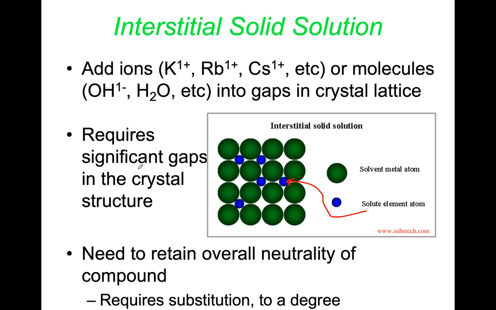It needs some gaps within the structure. So it all depends on the shapes of these ions. Not every atom or ion gives rise to this type of solid solution.